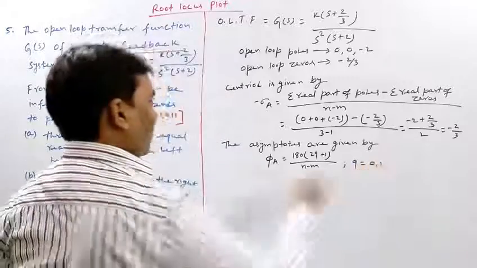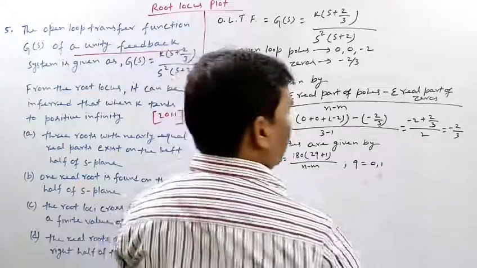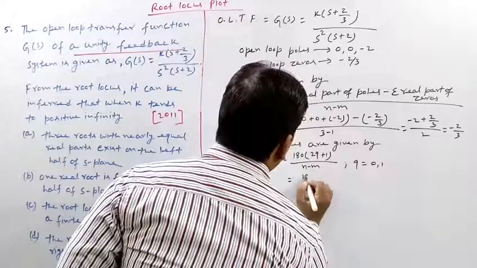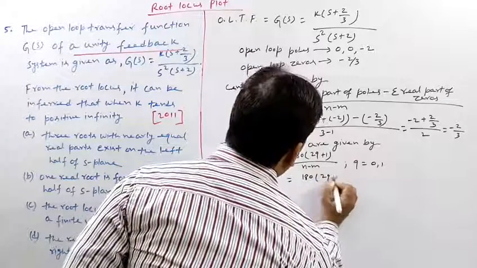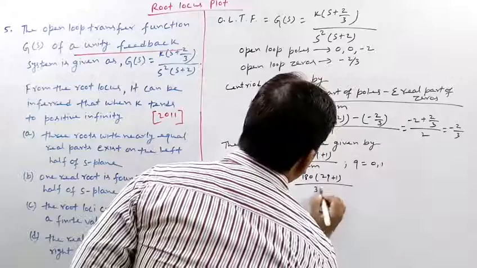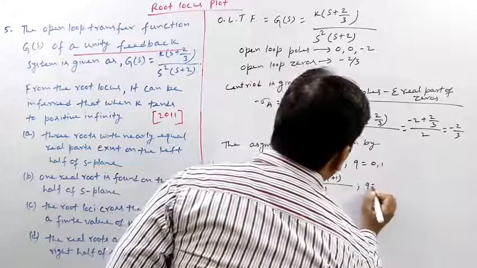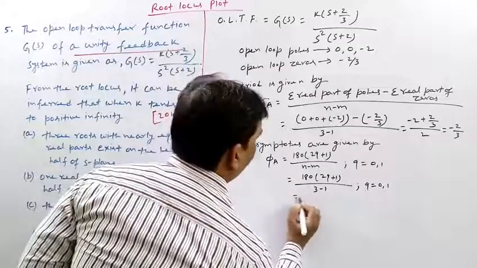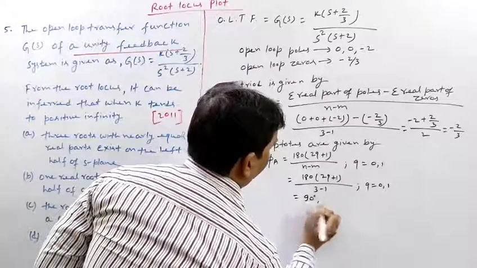So q will take only 2 values, q equal to 0 and 1. Here n is 3 and m is 1. If we calculate these values, it will be 90 degrees and 270 degrees.